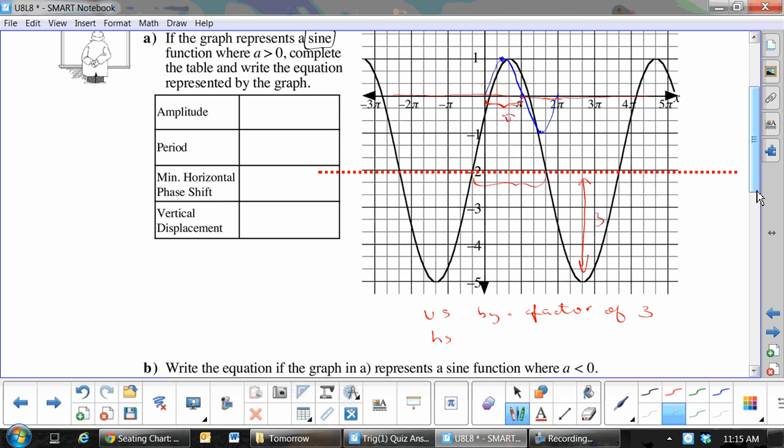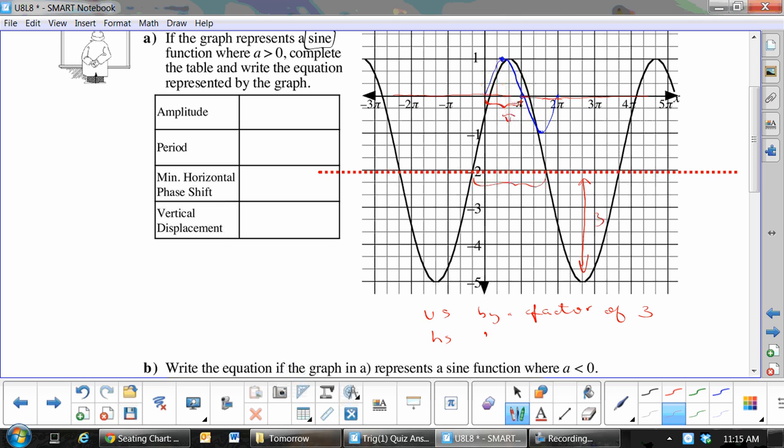You can count them because it's pi over 3, right? So if you want, you can go 1 pi over 3, 2 pi over 3, 3 pi over 3, 4 pi over 3, 5 pi over 3, 6 pi over 3. Oh, it's 2 pi now. So pi went to 2 pi when it was stretched. Therefore, what is my horizontal stretch? 2.